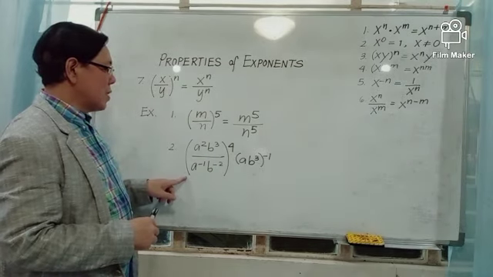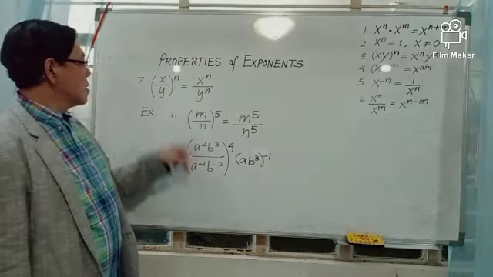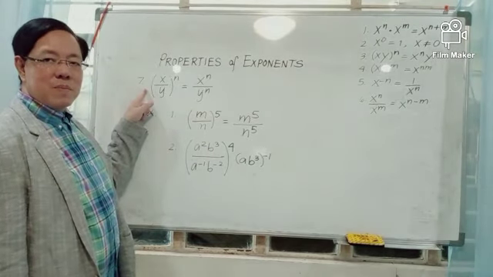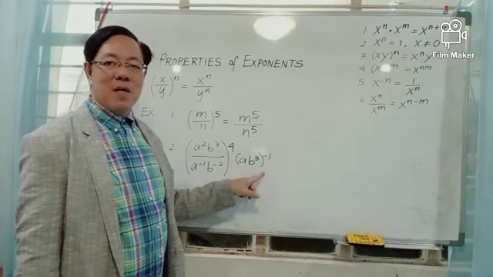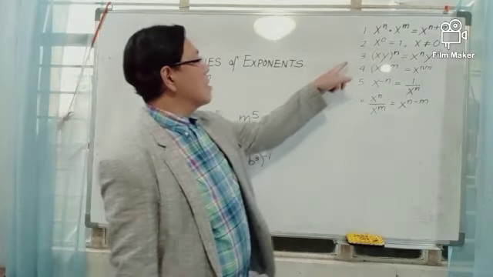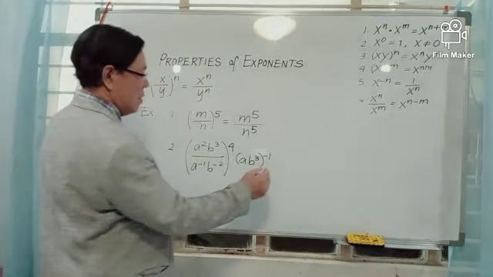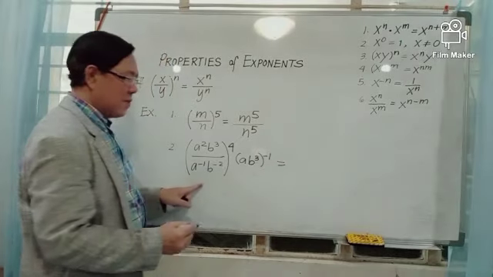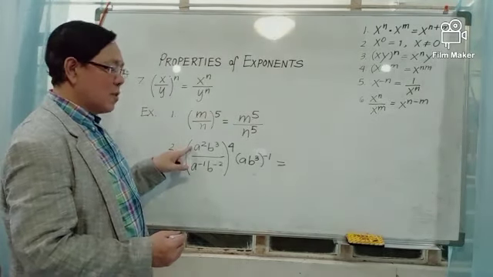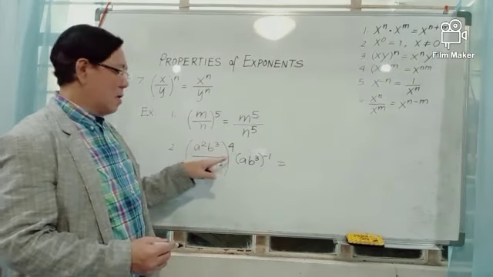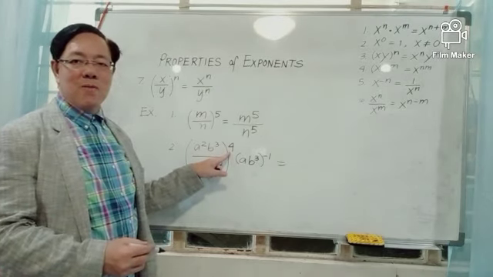In number 2, we simplify the first factor using the 7th property of exponent. For the second factor, we simplify it by using the third property of exponent. We start with the first factor. By this property, it is equal to the numerator raised to 4 divided by the denominator raised to the same exponent 4.